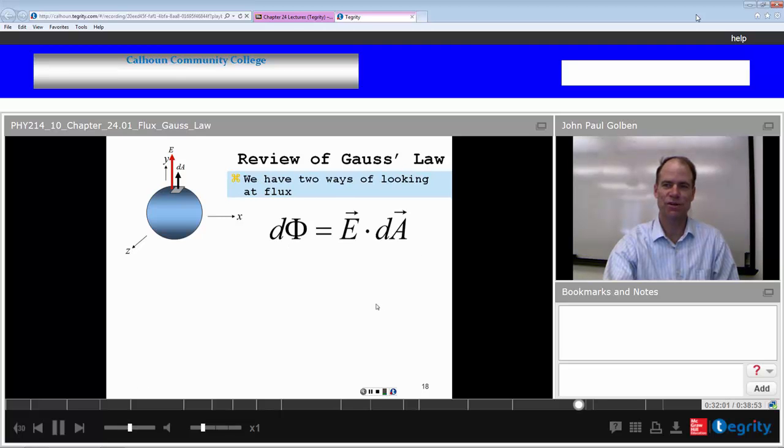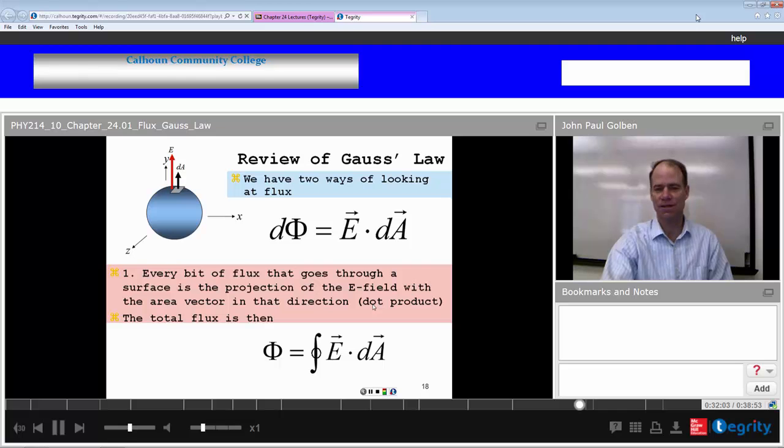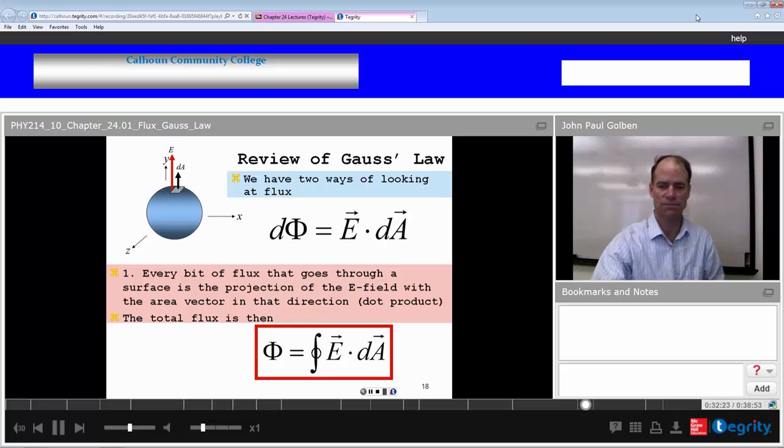So, a quick review of Gauss's law. If we had a surface, every bit of flux that goes through that surface is a projection of the E field with a normal area vector everywhere on that surface, the dot product. Add up all those contributions, which is our integration, and the flux is equal to the integration of the E field dotted with the area vector everywhere over that surface.